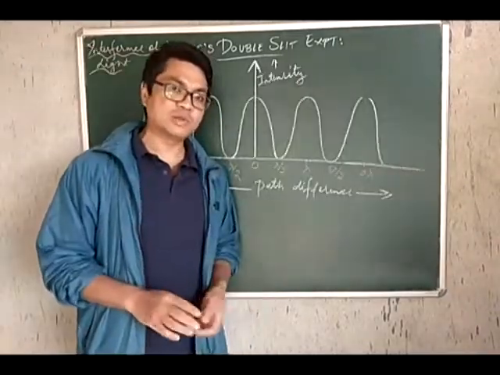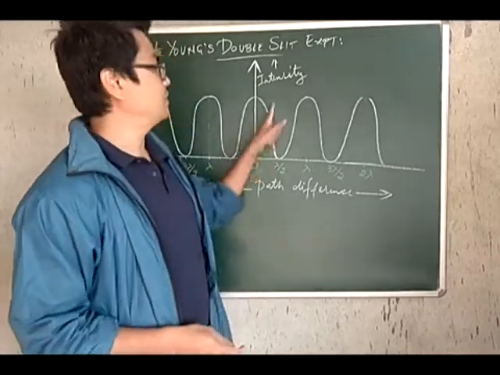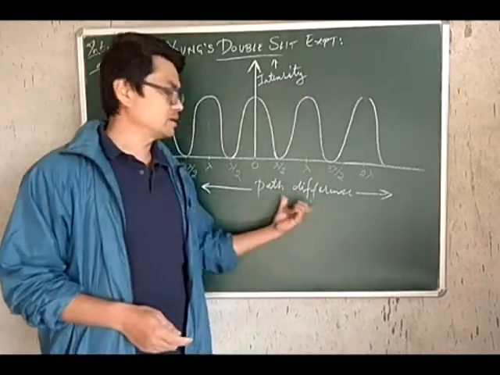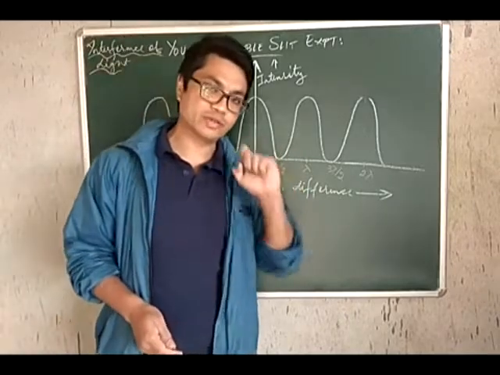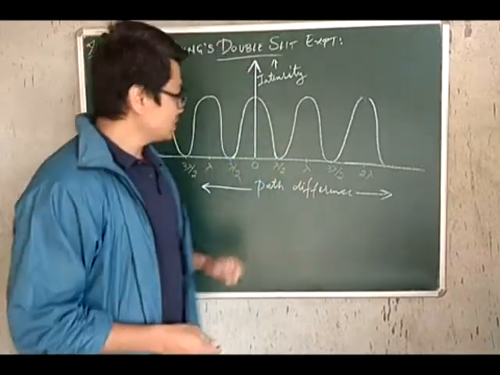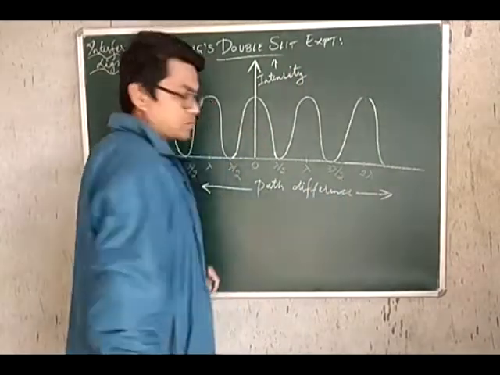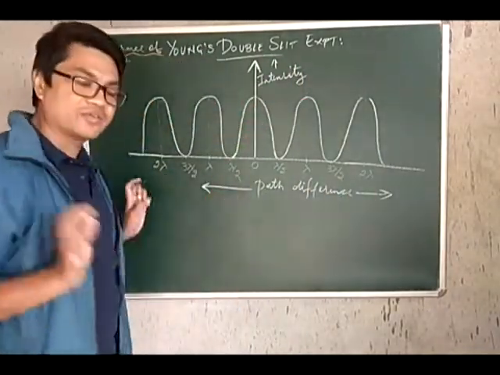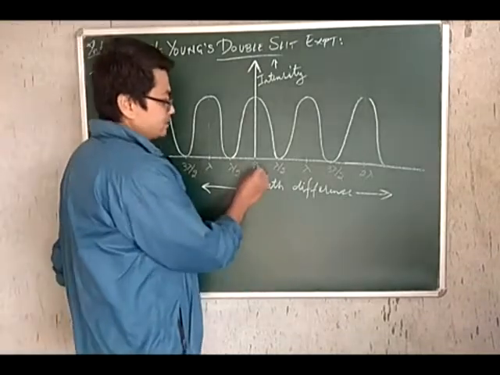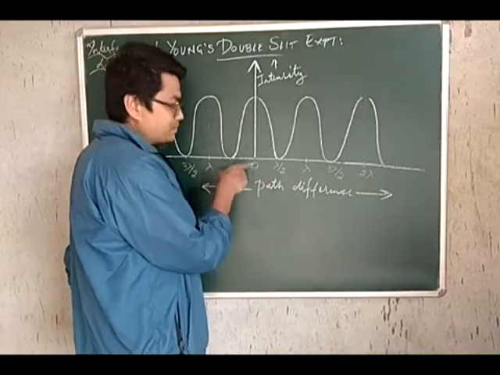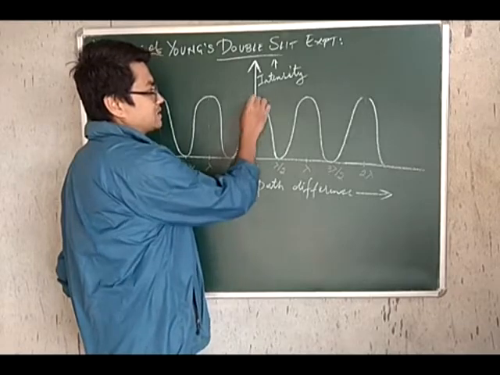Now sometimes you'll also be asked to plot a graph of the intensity versus path difference in case of interference of light. If you're plotting intensity along the y-axis and path difference along the x-axis, this will be the graph. This is path difference 0, meaning this is the central bright fringe.